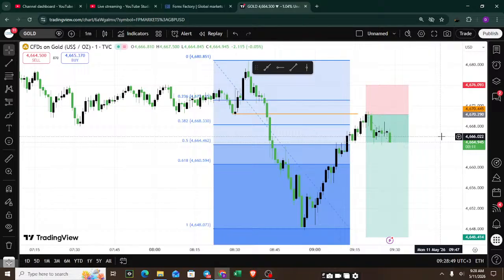It is responding. We shall give it at least 30 minutes. So when it is in profit, I'm not in a hurry to take it out, so I give it at least 30 minutes so that we can continue. We can see that we are going to get to the take profit.